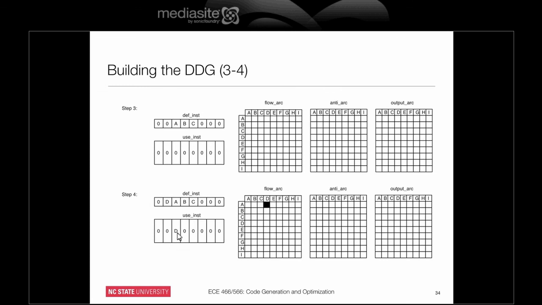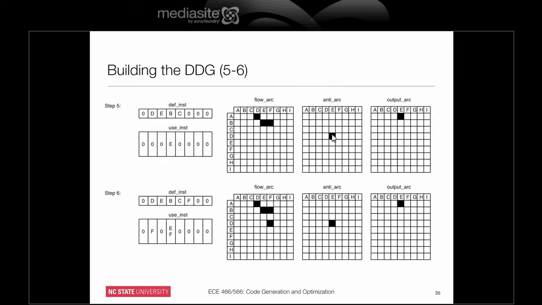If we go back one step, we see that D was the previous user of R2. So we'll also have an anti-dependence from D to E that shows up here in this middle matrix. Then after we do that, we update E to be the instruction that defines R2, and we clear the use list for R2 to say that it's empty. And then we make E a user of R3.